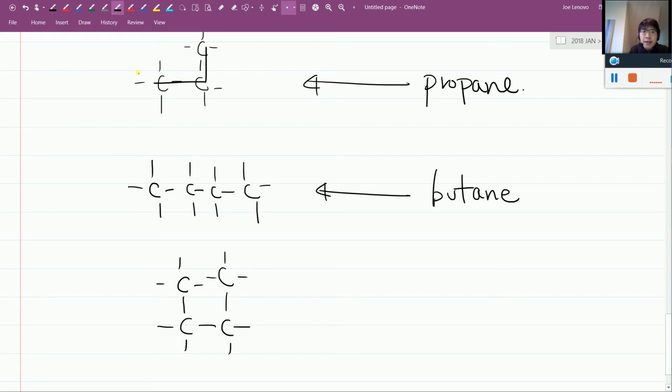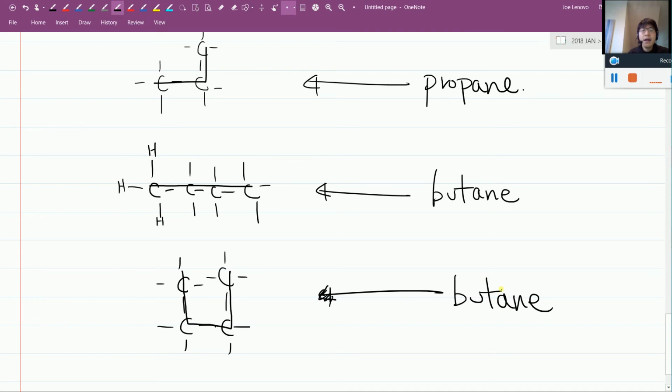Just imagine that every single bond I'm attaching has a little hydrogen on it. It saves me some time, so I try not to draw it out. Just assume they're all in there. Because this one goes all straight down, we call it a straight molecule. The second one is also a straight molecule because I just bend the top one, the first one, and the last one. As this one just gets bent over, I'm still able to call it butane.